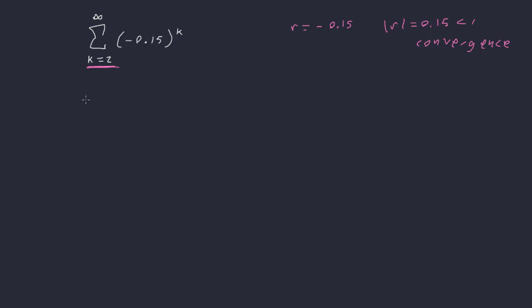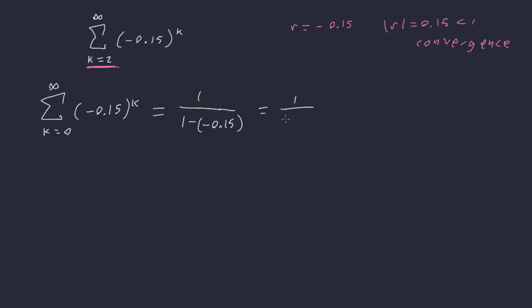When our starting point's not 0, what we have to do is sort of adjust what we're doing. There are a couple ways we could go about doing this. So notice that if we had 0 to infinity of negative 0.15 raised to the k, well, that we know from just our formula that we'd get 1 over 1 minus negative 0.15.